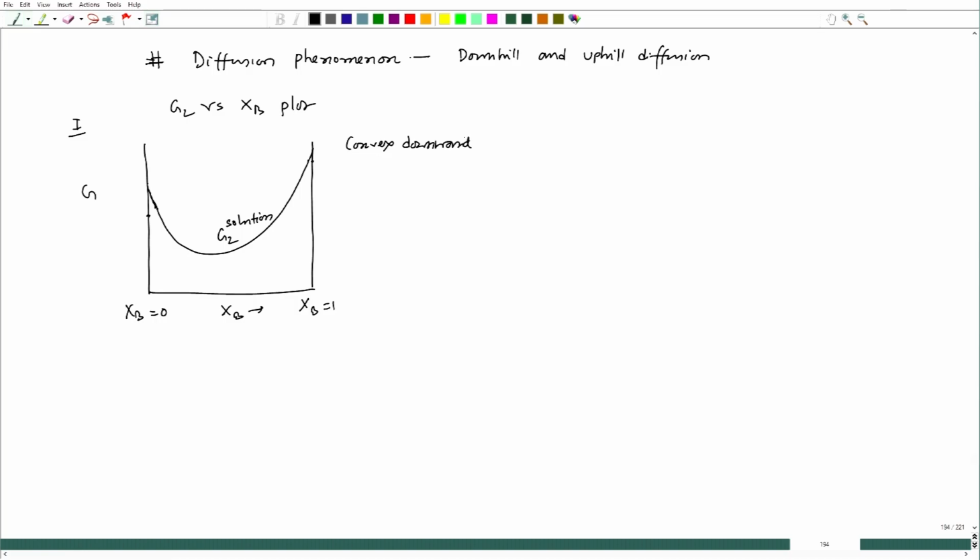Let us say I take two alloy compositions, one composition I have taken this, another composition I have taken this.